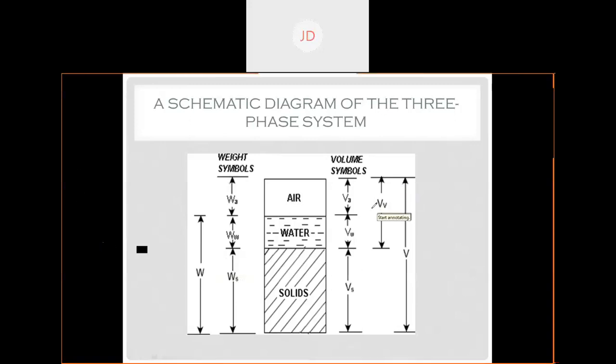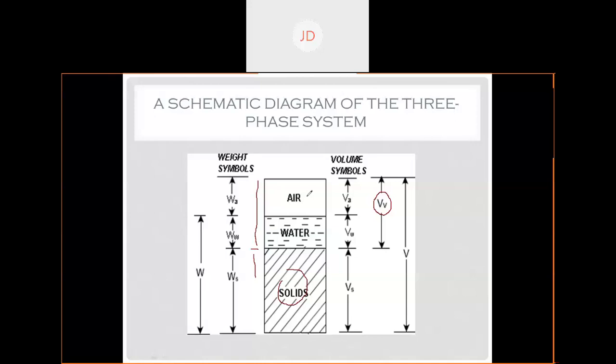So here you can see a soil mass contains mainly two volumes. Again I'm just telling: one is your solid part, next is your void. So you can first divide these two volumes. Now voids may be divided, not always, into two components.